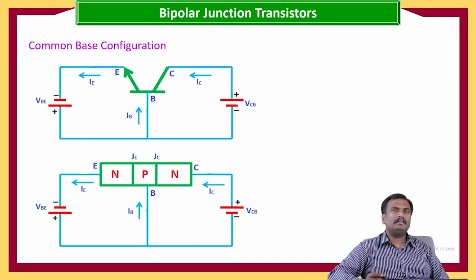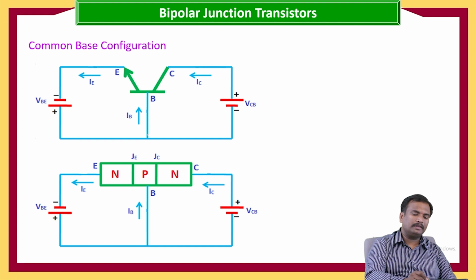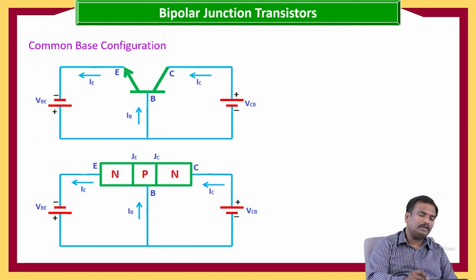And this is the way we are going to connect the emitter base junction and collector base junction by taking the base as the common point.